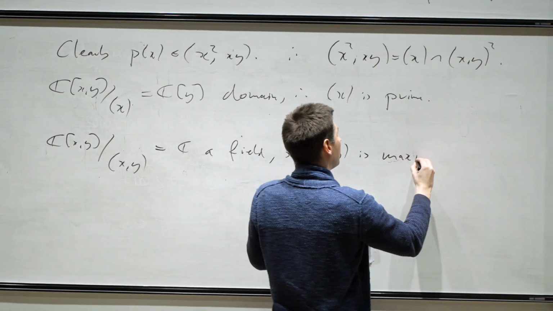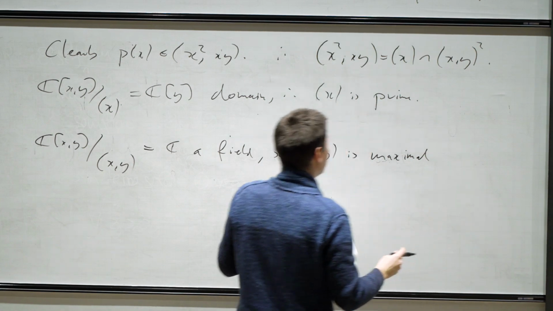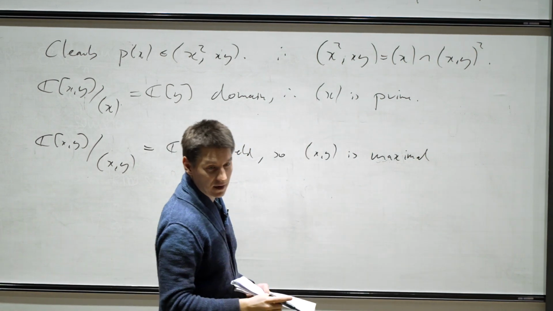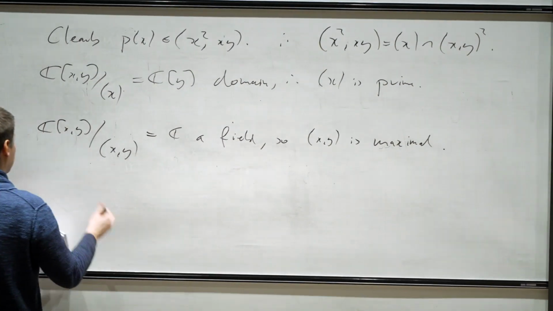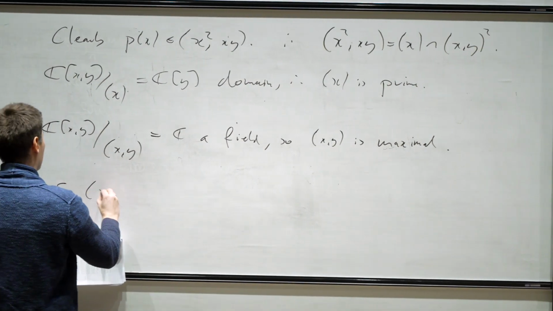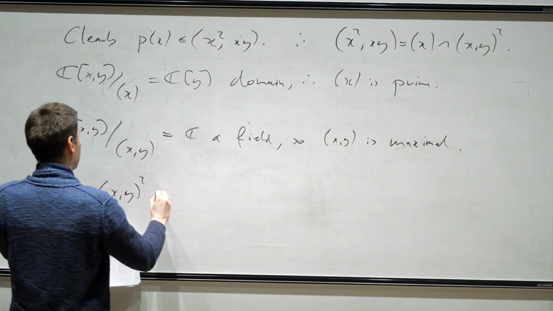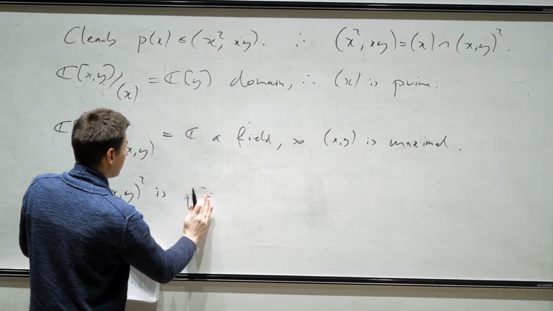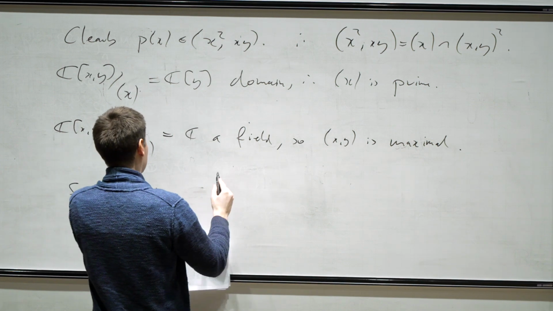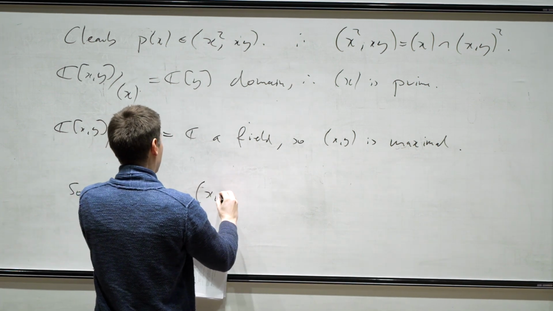And if you remember what we proved last week, powers of maximal ideals are primary. So (x,y) squared is primary. Actually, it's more than just primary. It is (x,y)-primary.